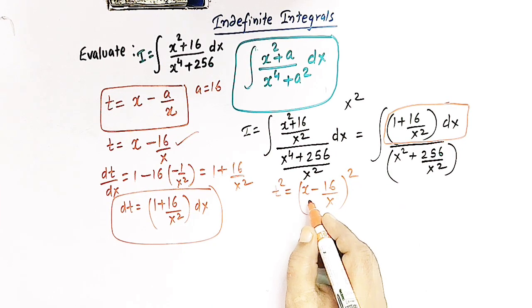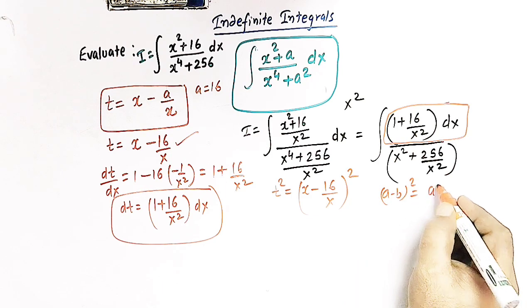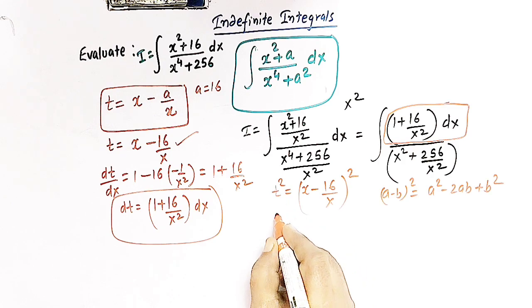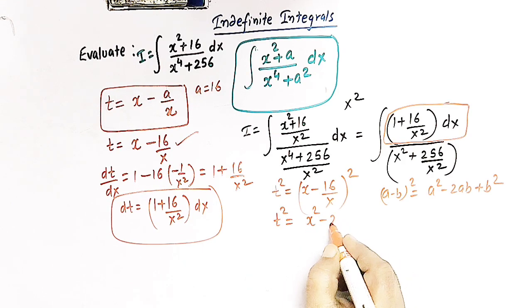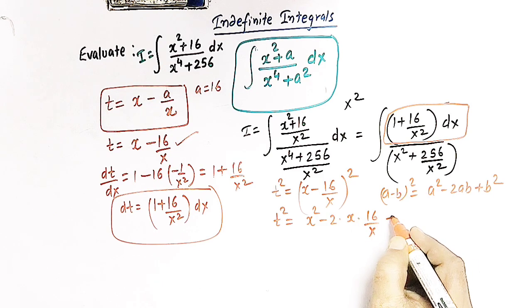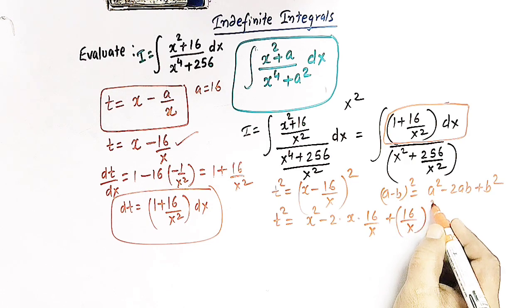Now taking the help of this identity, that is (a minus b) square equals a square minus 2ab plus b square, we can now write t square is equal to x square minus 2 times x times 16 over x, and here we have 16 over x square.